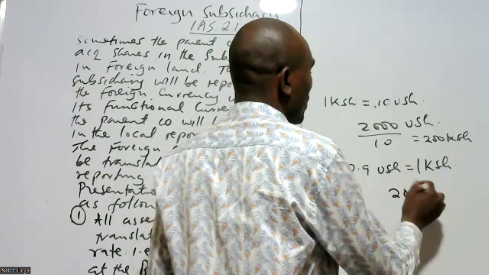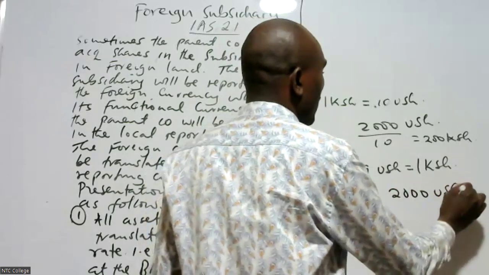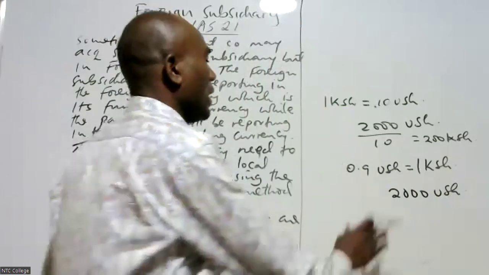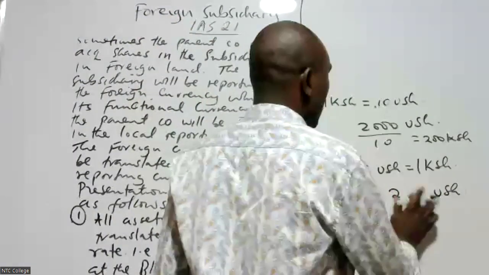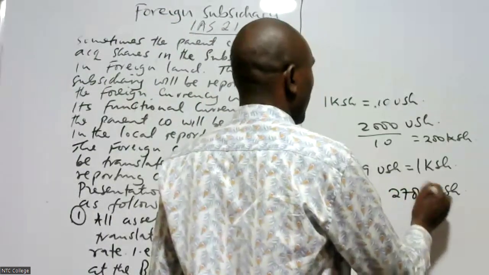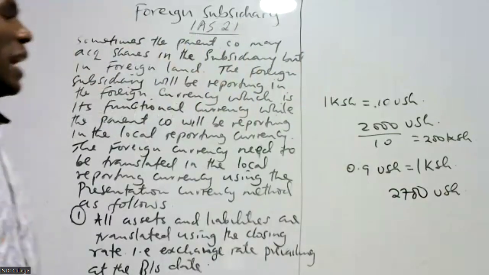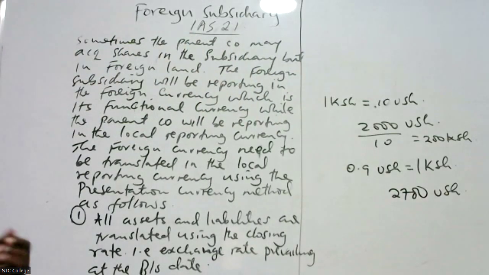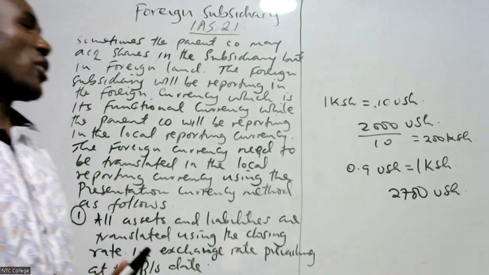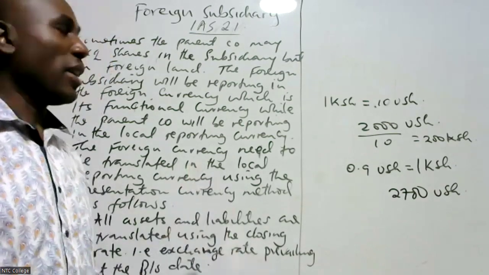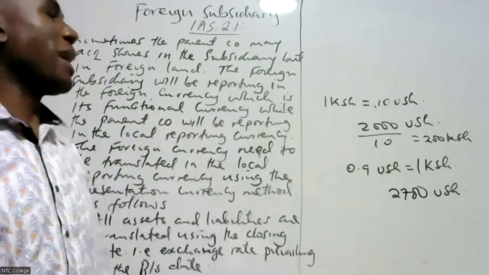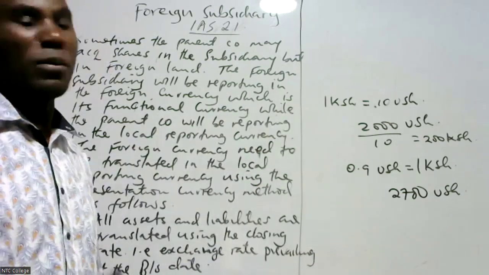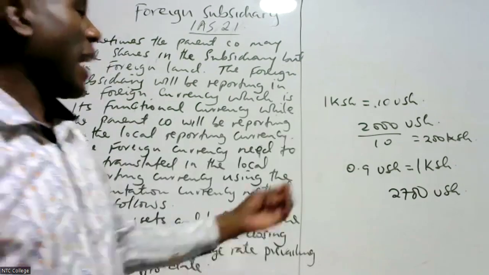Now, I have 2,700 Uganda shillings. I want to change into Kenya shillings. Do I multiply or do I divide, and how much?